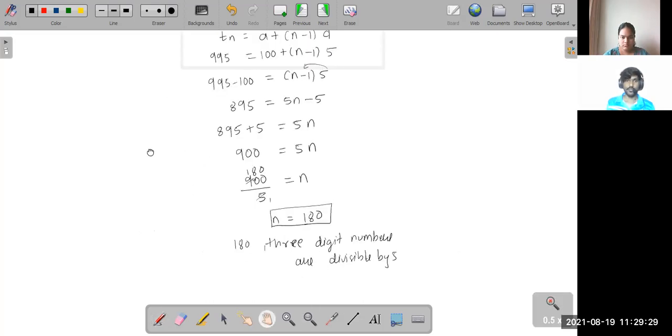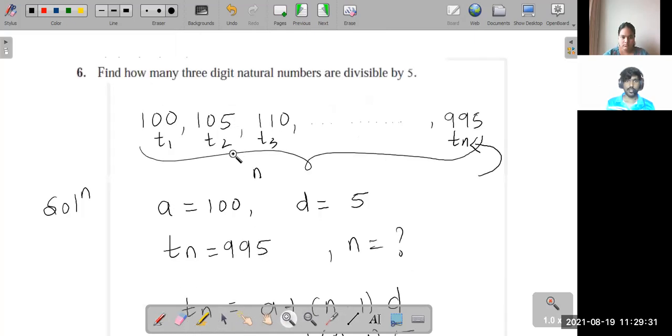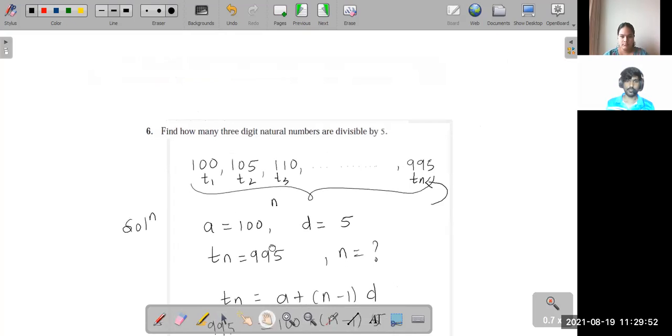That means there are total 180 numbers in this AP. From 100 to 995, there are 180 numbers. Is this clear? Write it down.